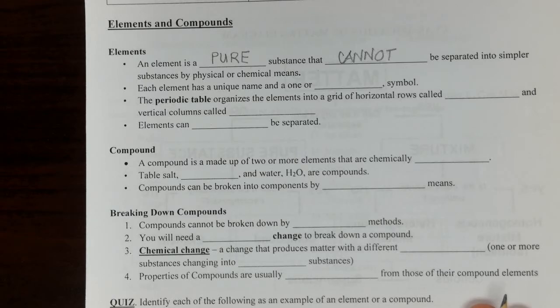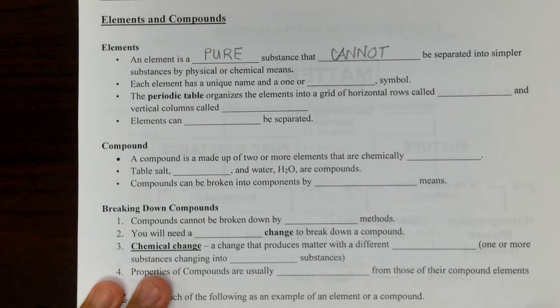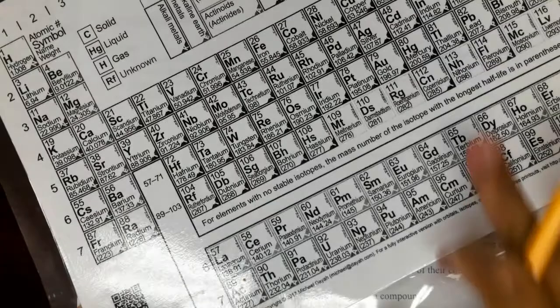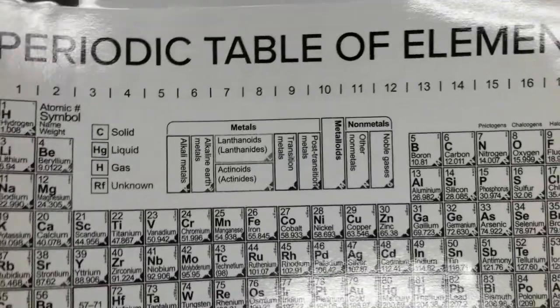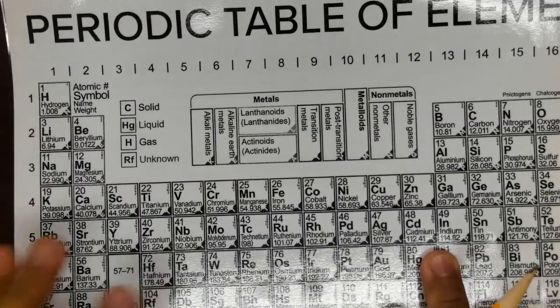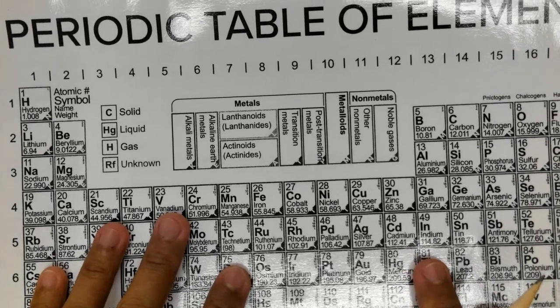Now, let me go for the second bullet onwards. Let me go to furthering our knowledge about elements. To make sure that we know the elements, we have to know where we get information about these elements. Are you familiar with this chart right here? How do we call this?